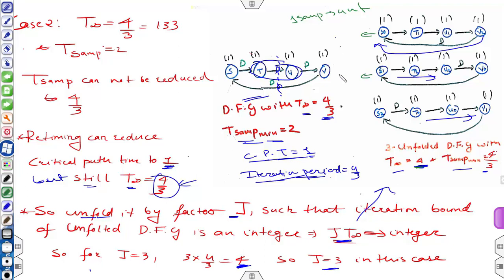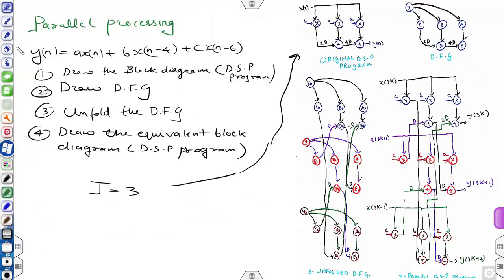This will also produce one sample in 4 unit time, and this part will also produce one sample in 4 unit time. So altogether we have 3 samples in 4 unit time, and sampling time minimum is 4 by 3.